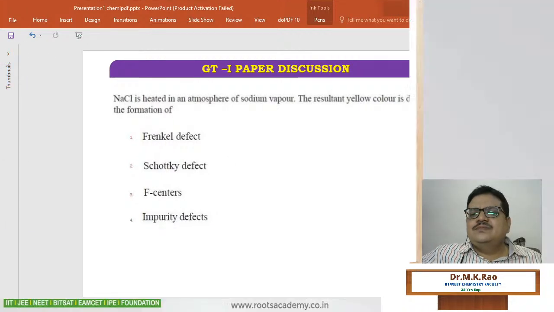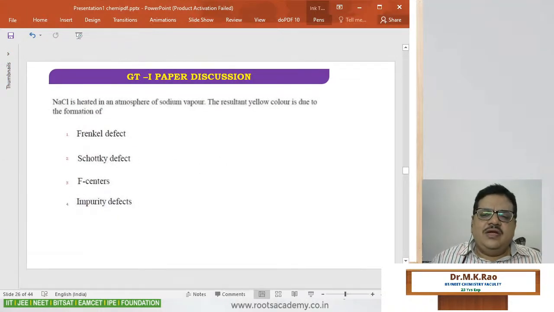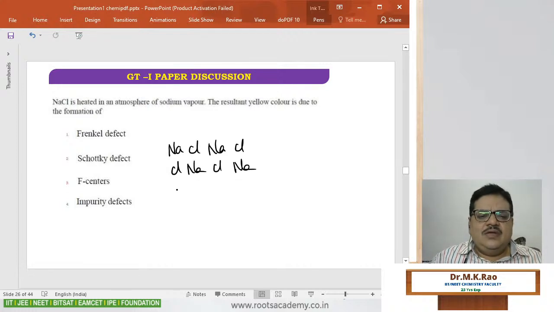See, when you are heating sodium chloride, the lattice is like sodium, chlorine, chlorine, sodium, and so on.